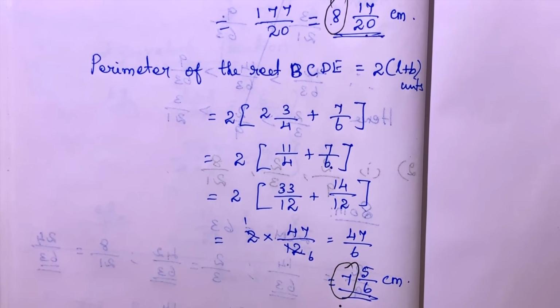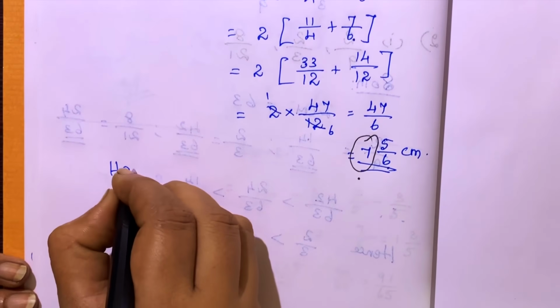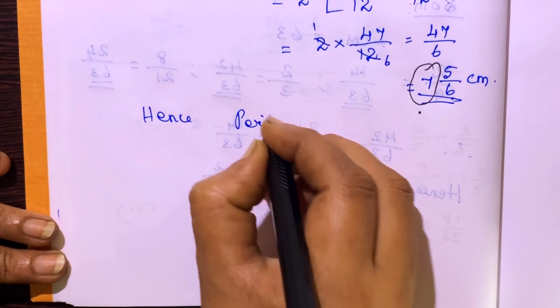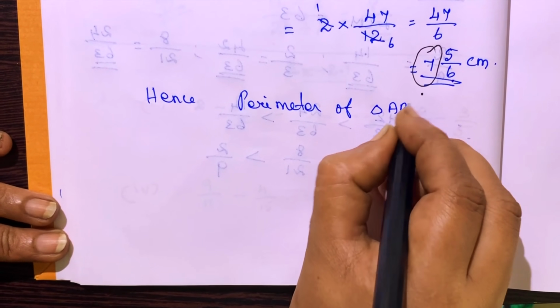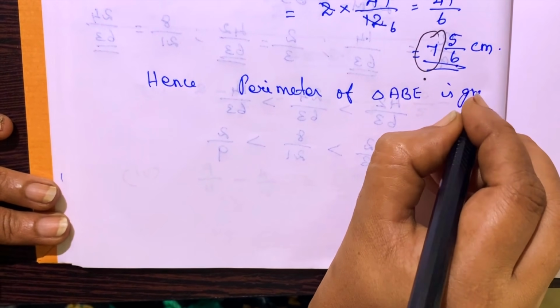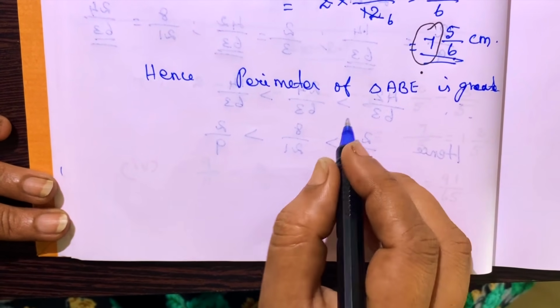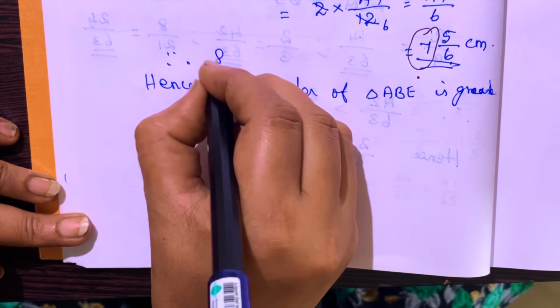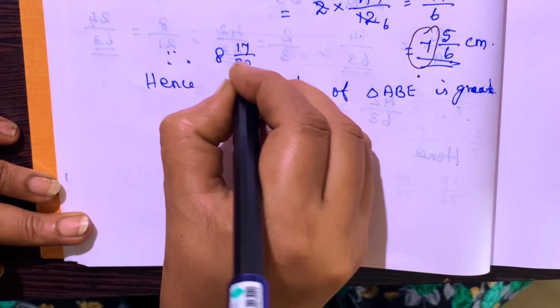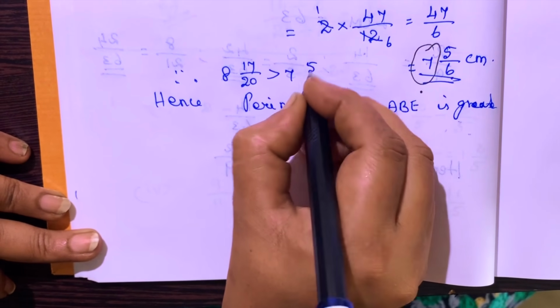Hence the perimeter of triangle ABE is greater. Here you add one more point: 8 17/20 is greater than 7 5/6.